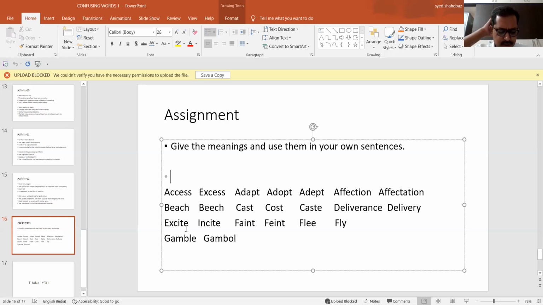Next, gambol. GAMBOL. Gambol means frisking. So these are the words in the exercises.